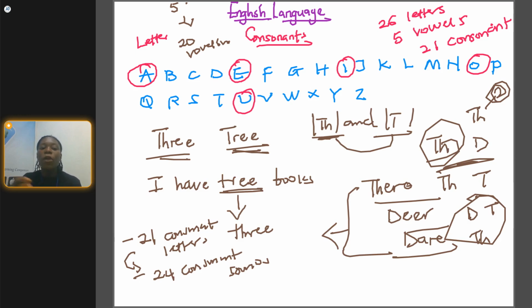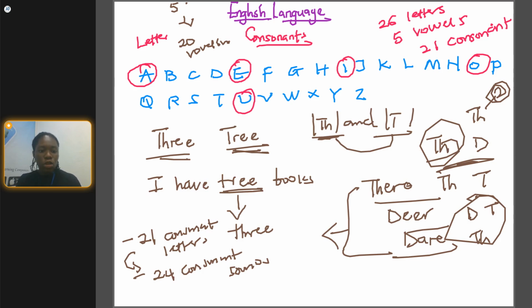But when we talk about the voiceless consonant, you're talking about vocal cords not vibrating. When you produce this sound, your vocal cords do not vibrate. All right, this is where you pronounce sounds like t. Your vocal cords do not vibrate, unlike the voiced consonant.